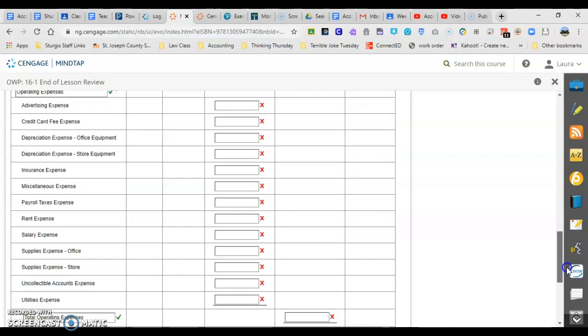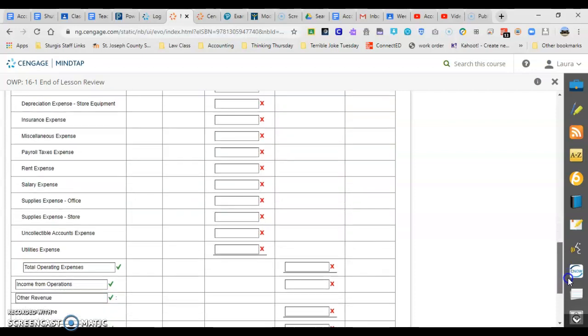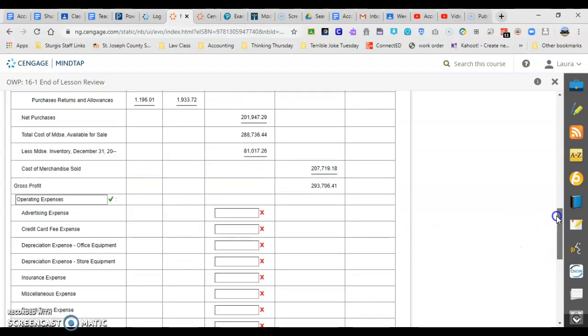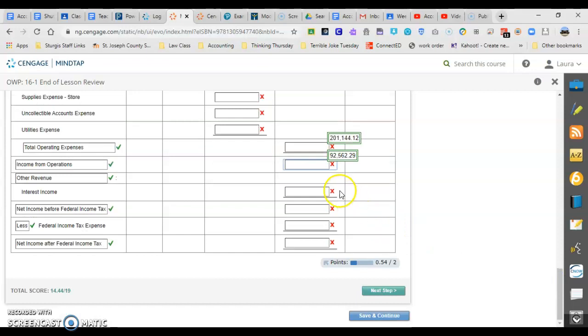Then you enter all your other expense accounts, and this would be your total operating expenses, which you subtract from your gross profit to get your income from operations.